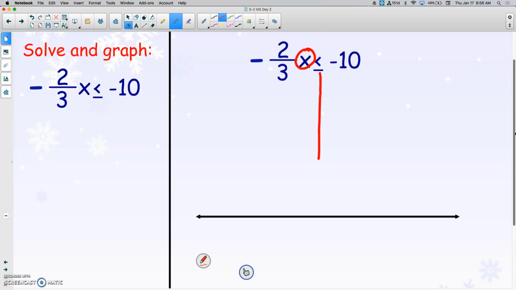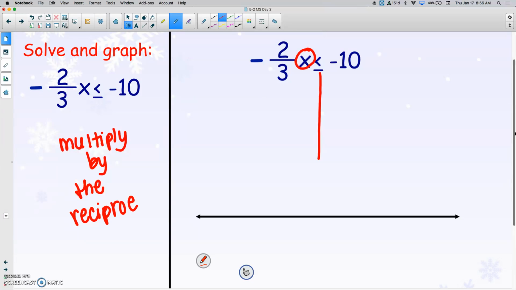Hopefully some of you remember that to cancel out a fraction times your variable, you can multiply by the reciprocal. We've worked with reciprocals lately with perpendicular lines. So remember, reciprocal is when you flip over the fraction. So I'm going to multiply by negative 3 over 2 on both sides.